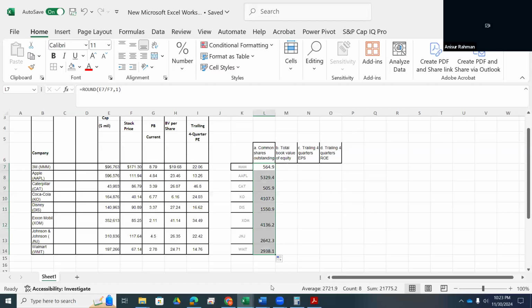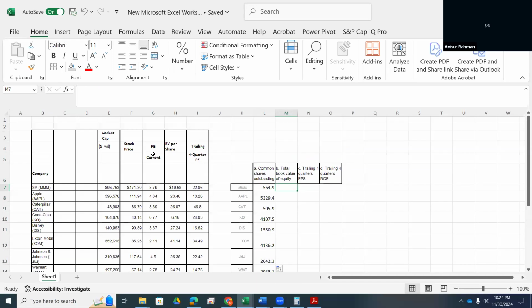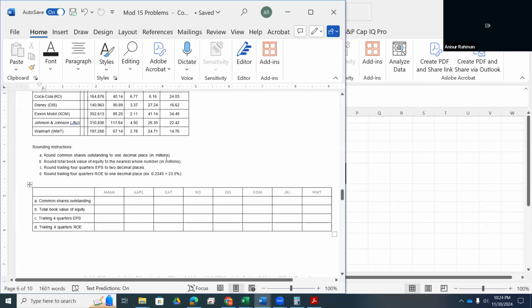Now, similarly, our total book value of equity. So this is our book value per share, and this is the number of shares outstanding we found out. So all we need to do, take the book value per share, multiply by the number of shares outstanding. So book value per share multiplied by number of shares outstanding, hit enter. And this also we want to the nearest whole number, right?